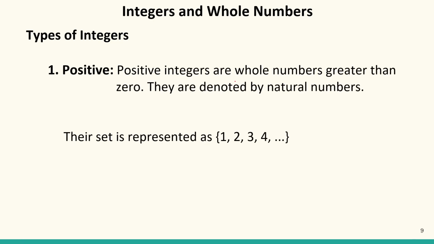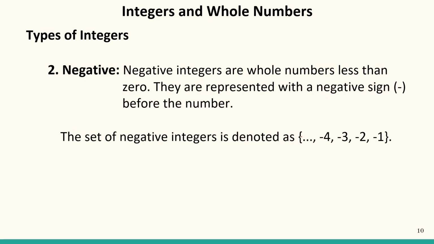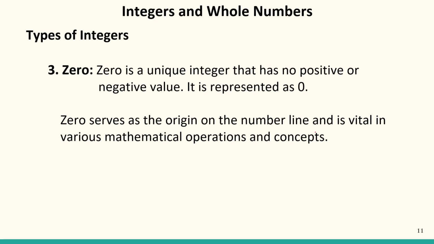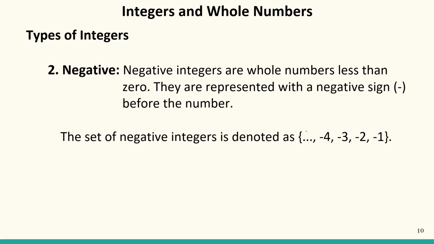Positive integers are whole numbers greater than 0. They are denoted by the natural numbers. This is the natural number set, and negative integers are the negative counterpart of the natural number set, like -1, -2, -3, -4, and so on.